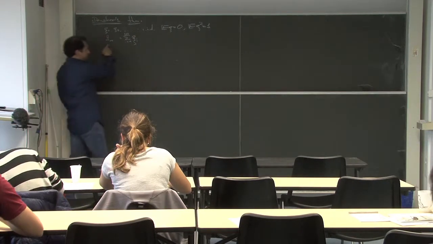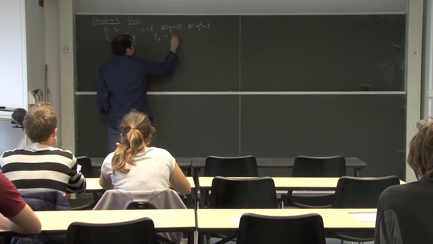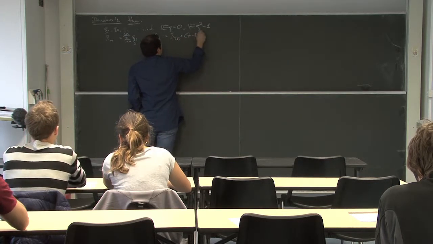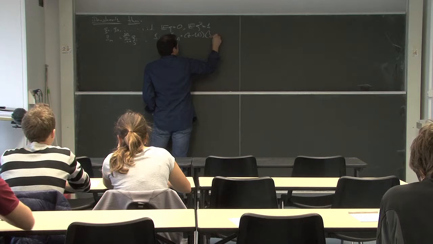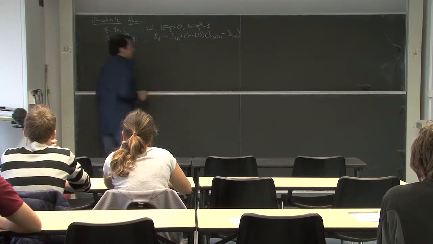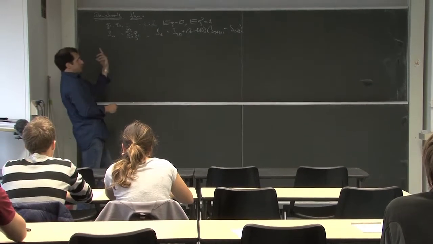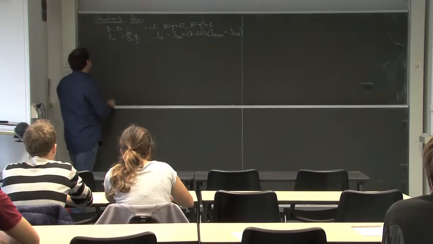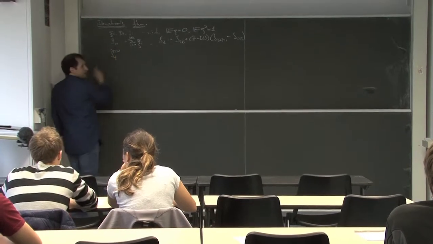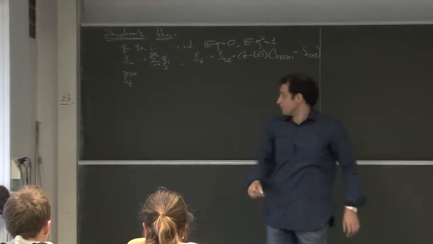Interpolate in between integer times linearly, like that, and rescale the corresponding piecewise linear process by square root of n in space and by 1 over n in time. Let me put a tilde here just to make the notation a bit more distinguishable.